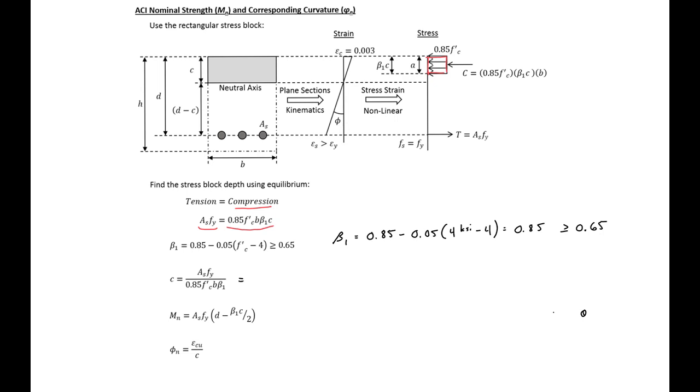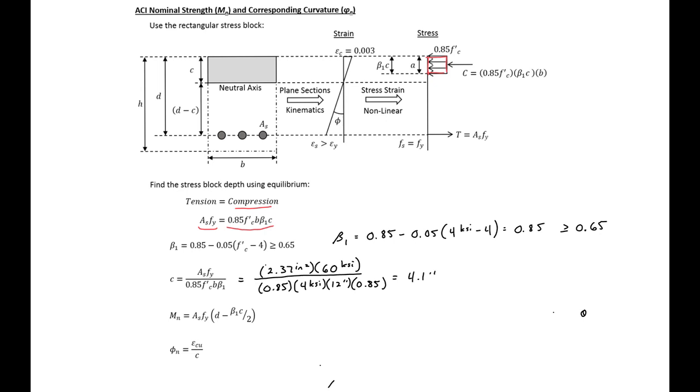Our C in this case is going to be our area of steel, 2.37 square inches times 60 ksi, divided by 0.85 times 4 ksi times 12 inches times 0.85, which will give us a C of 4.1 inches.